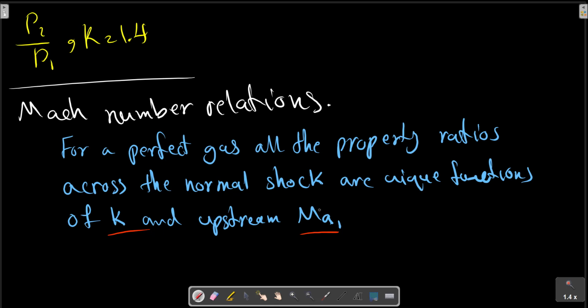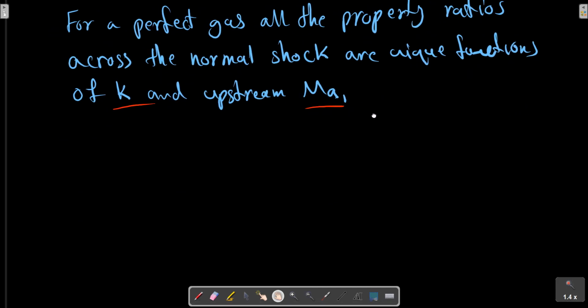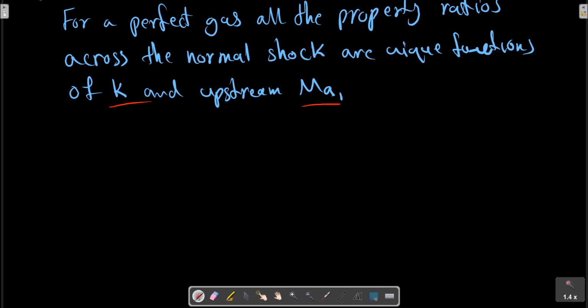For example, if we simplify the relations, we can obtain the relation for the pressure ratio across the shock wave as a function of K and Ma1.